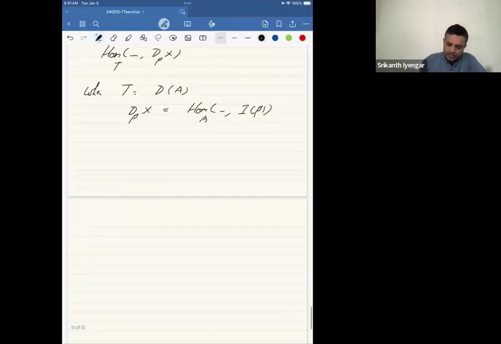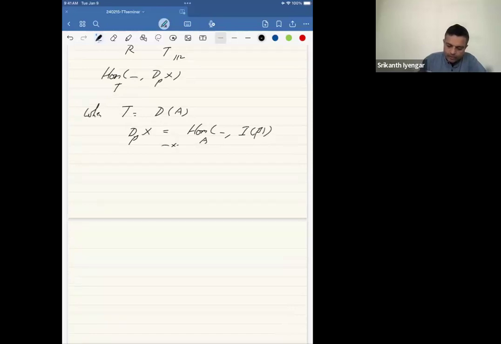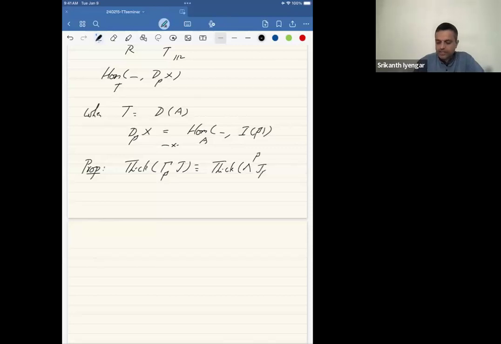And just like in the case of the derived category, one can prove, maybe as a proposition, that the thick subcategory generated by, well, I chose a generator, remember? So this is equivalent to the thick subcategory generated by the localization of G at P and the completion, and this is equivalent to the thick subcategory of the Brown-Comenetz dual of the generator.